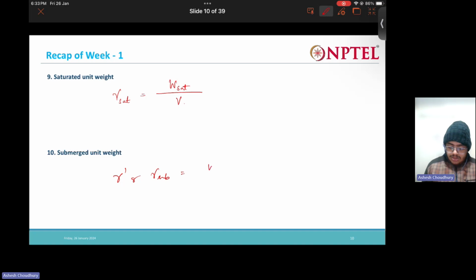Submerged unit weight is nothing but gamma sat minus 9.81 kilonewton per cubic meter, that is, submerged weight by total volume.